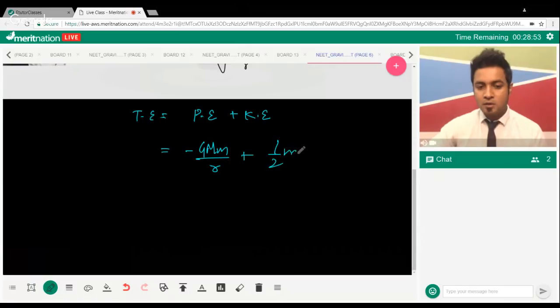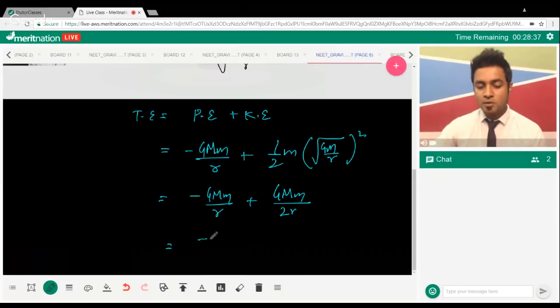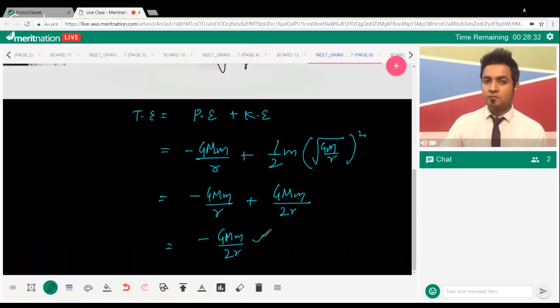Half m, what is the orbital velocity? v square. If you put it in this way, GM upon r, it would give you minus GMm upon r plus GMm upon 2r. So the total energy is coming out to be minus GMm upon 2r. Is that right? Okay.